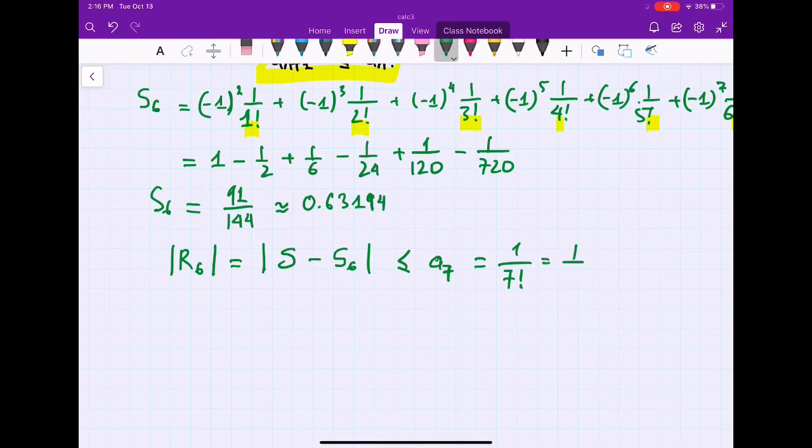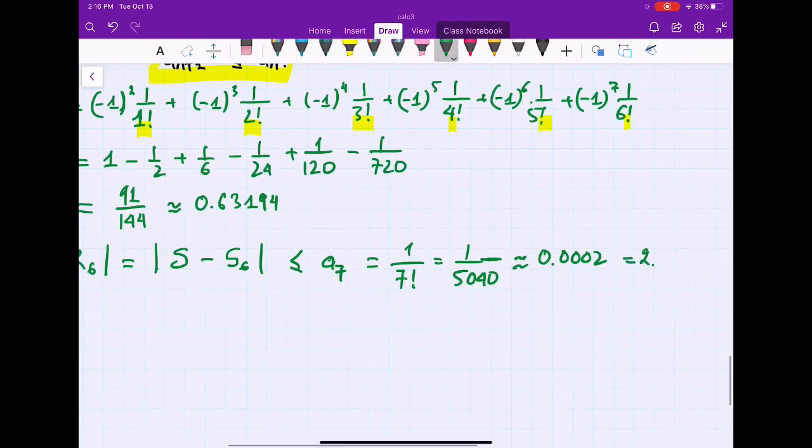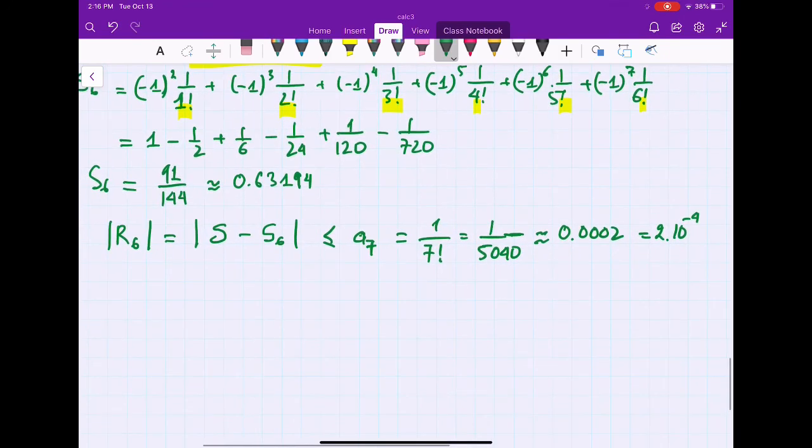That is 1 over 5040, which is approximately equal to 2 times 10 to negative 4. All right, so you see, that is your remainder. Is it correct?